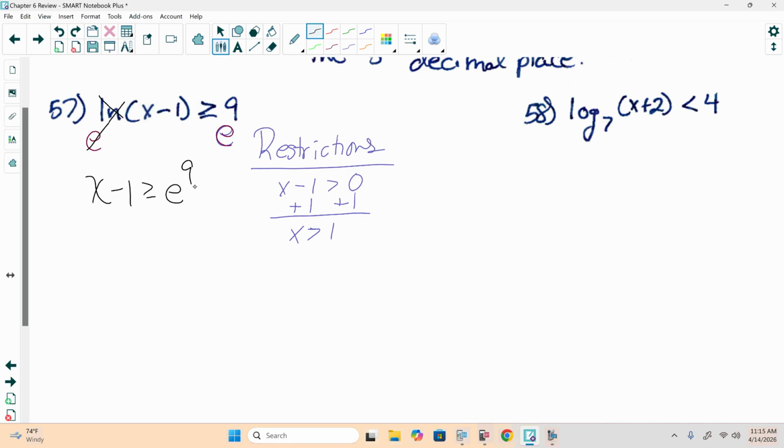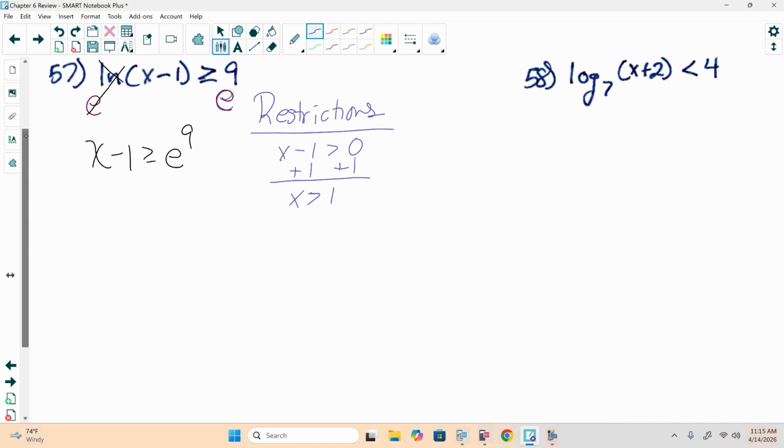E in the natural log will simplify out, leaving us with what's inside the log, which is x minus 1. And we're saying that the x minus 1 is greater than or equal to e to the 9th power. Just like before, e to the 9th is an irrational number, so we'll leave it as e to the 9th till the very end.